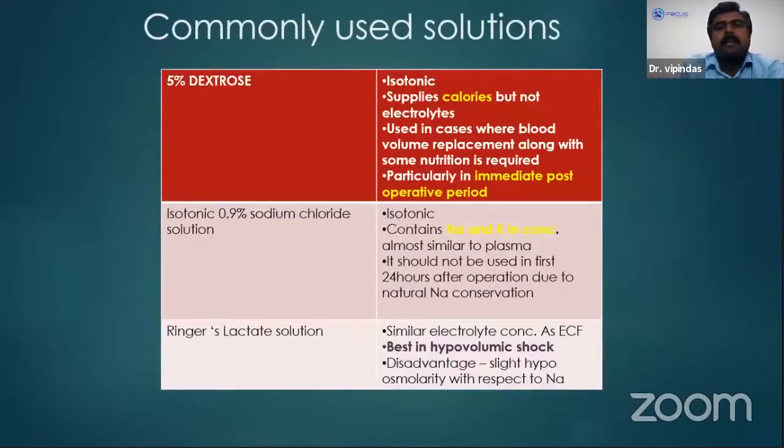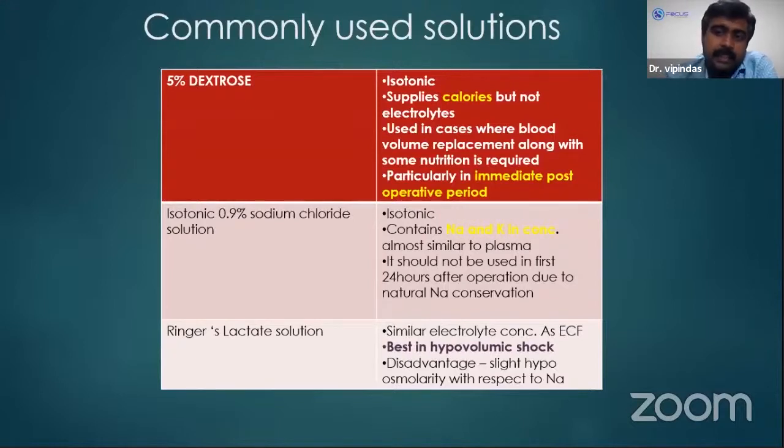So what are the commonly used solutions? One is 5% dextrose. What is the function of dextrose? Mainly, it supplies calories. Being isotonic, it is used in most cases where blood volume replacement along with some nutrition is required. So whenever nutrition or calories are required, you can give dextrose.